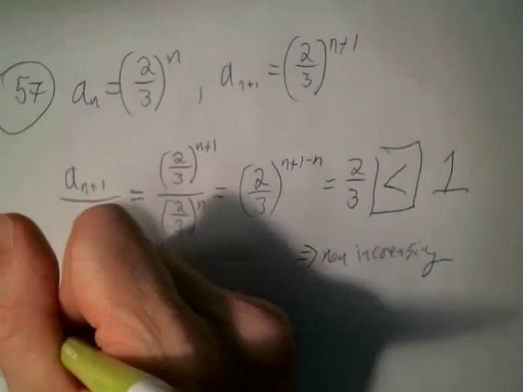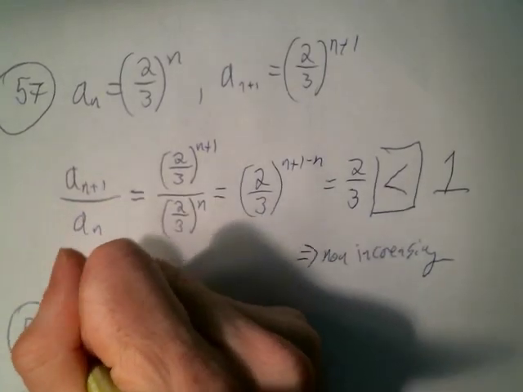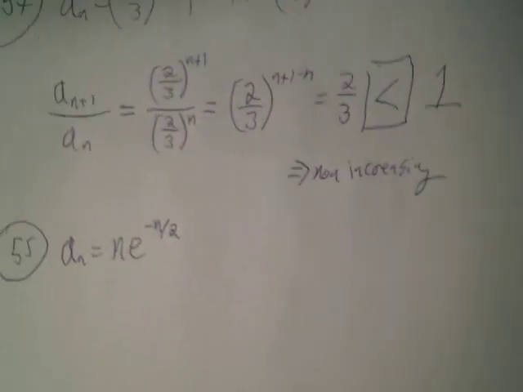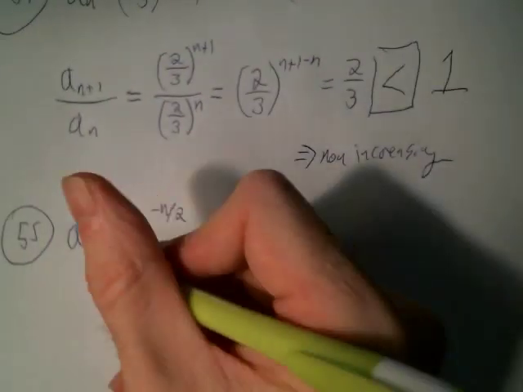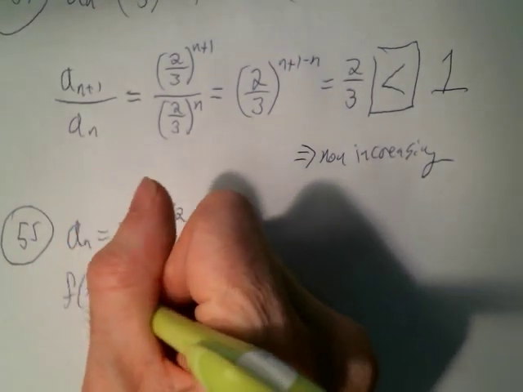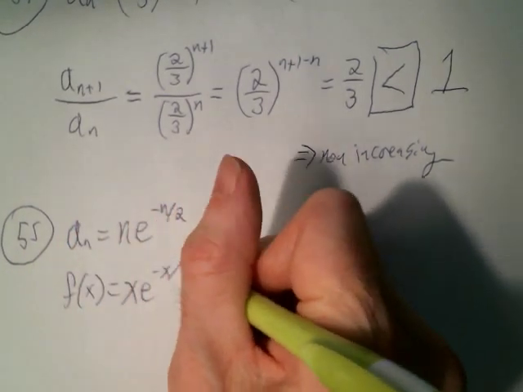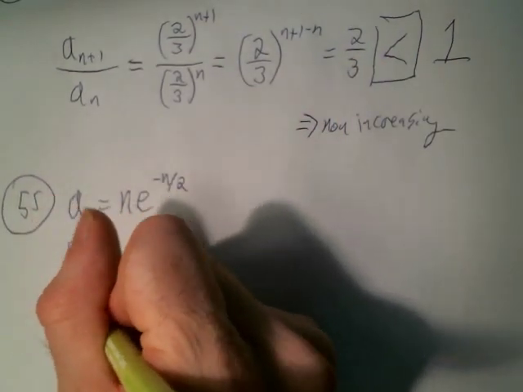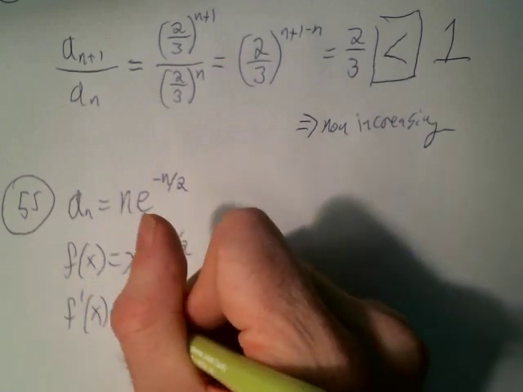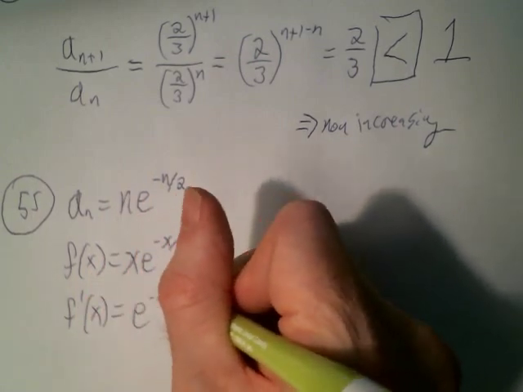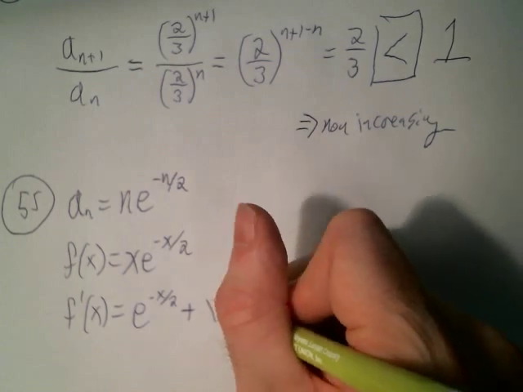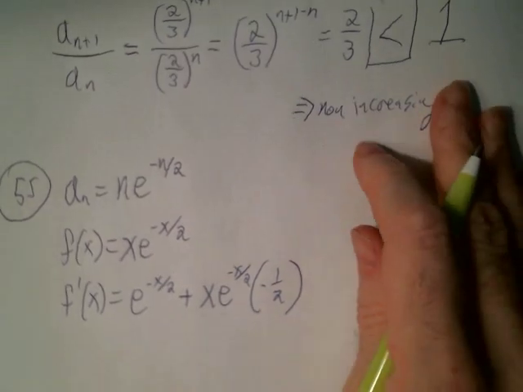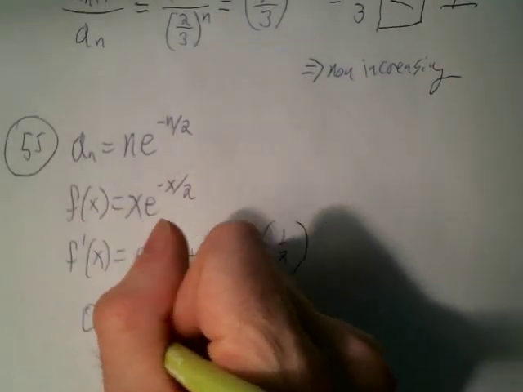Let's get one more type, 55. a sub n equals n e to the negative n over 2. This time I'll do the calculus version, so I consider f of x equals x e to the negative x over 2 and take its derivative. I want to set it equal to 0.